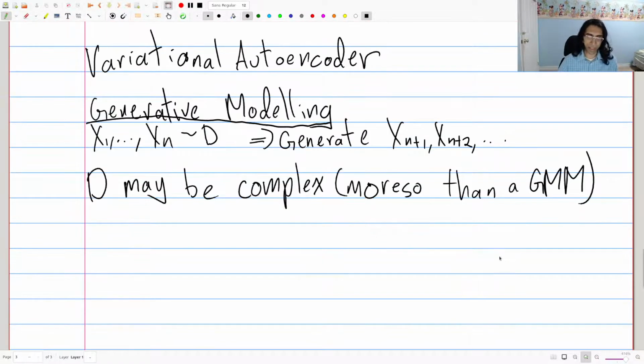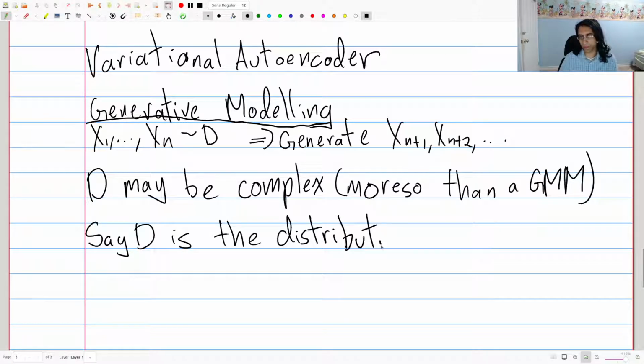For example, the example we've been looking at so far is MNIST images. Say D is the distribution of handwritten images.